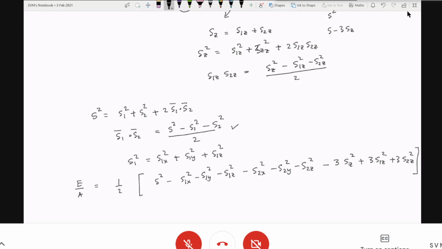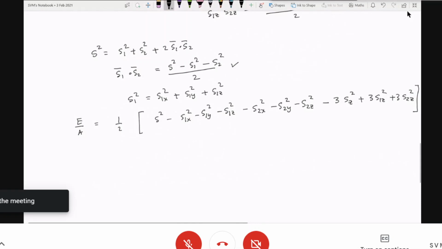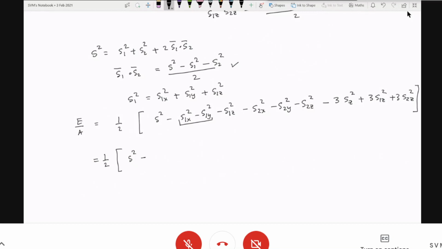Okay. So I can write this 1 by 2 into S square minus S1x square plus S1y square.